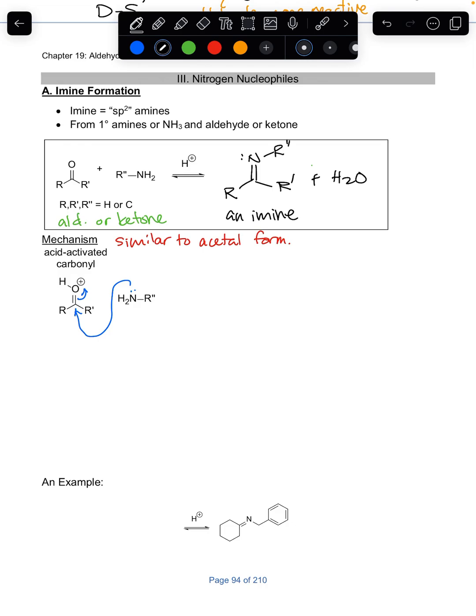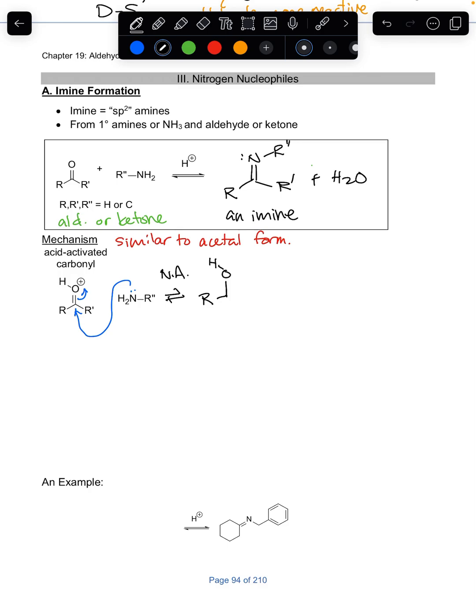So once the carbonyl is, of course, protonated, remember that makes it more electrophilic, strongly electrophilic. An amine is a pretty good nucleophile anyway, but it's not the strongest nucleophile. But with that additional activation of the carbonyl, this would be a very reasonable reaction, nucleophilic addition of the amine to the activated carbonyl.